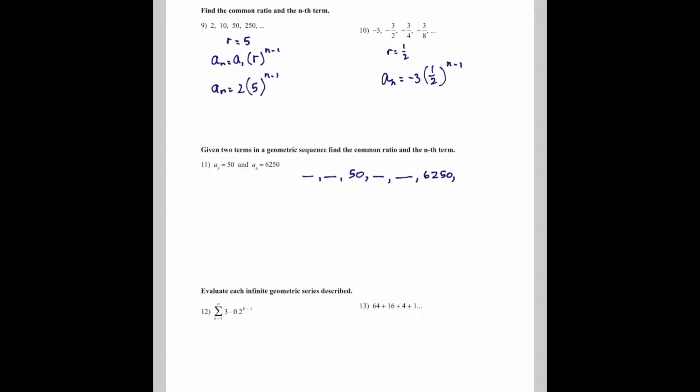To go from the third term to the fourth term, I would multiply by a common ratio. Then to go from the fourth term to the fifth term, I'd multiply by another common ratio, and from the fifth term to the sixth term, another common ratio. So if I take 50 and multiply it by r, and by r again, and again, that's multiplied by r cubed, and that's going to give me 6,250. So solving this equation, I can find r.